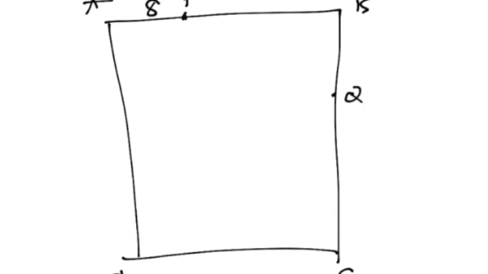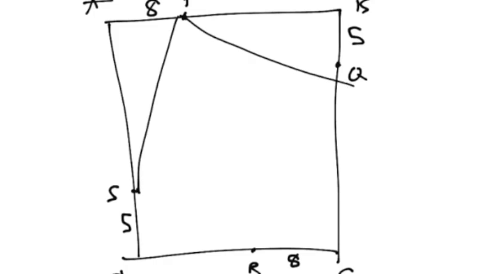So this would be Q, which is around 5. Mark R on CD so that CR equals 8. And then mark S on DA so that DS equals 5. This is S, and that's 5. And then we're going to draw a quadrilateral and then find the side lengths.